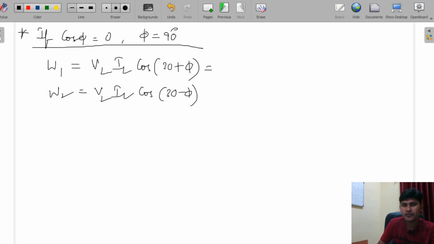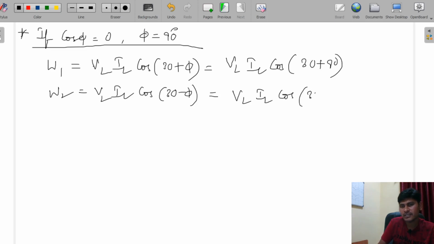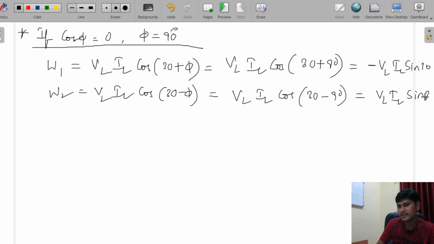That is VL IL cos of (30 plus 90) and VL IL cos of (30 minus 90). So this will be minus VL IL sin 30, and this will be VL IL sin 30.